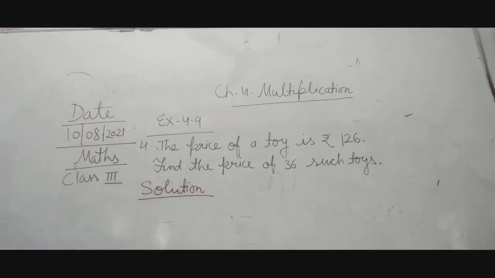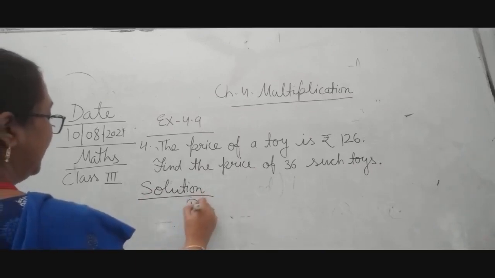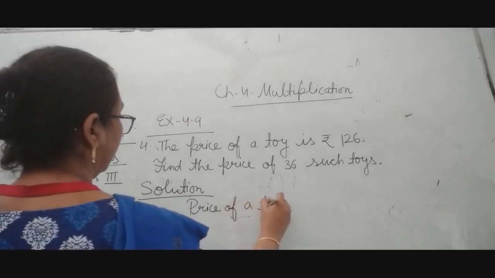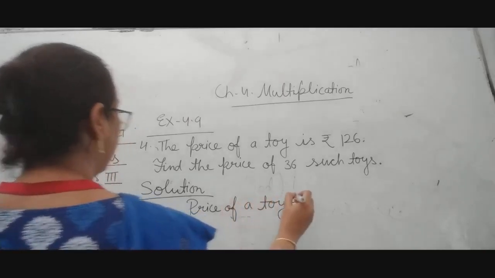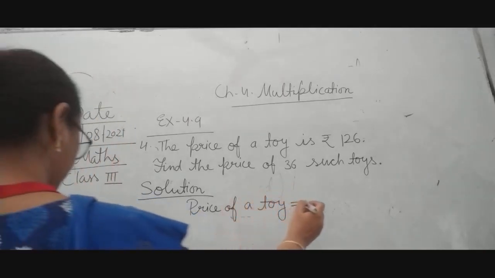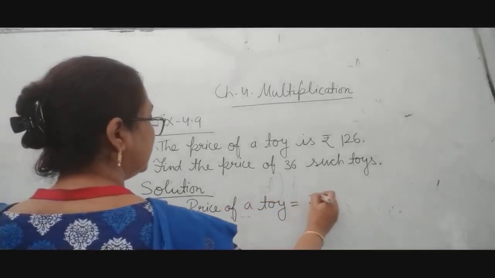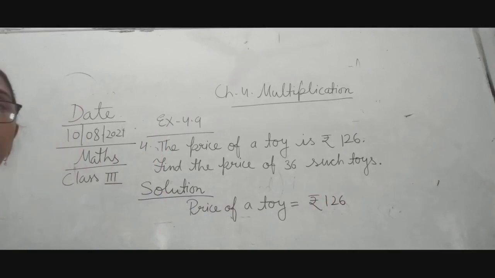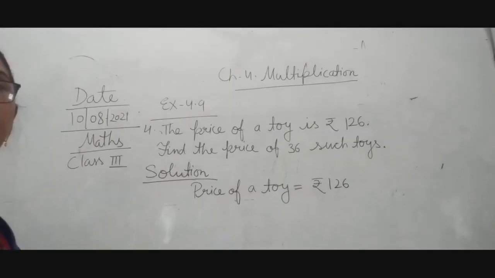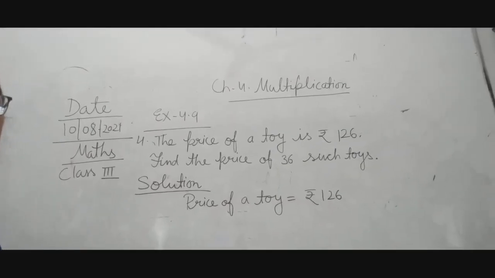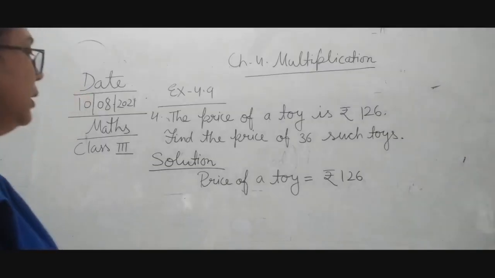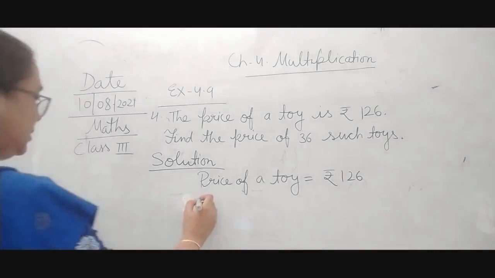Now here we are going to write: price of a toy equal to 126 rupees, children. Okay, now we are going to write the next line, children: price of 36.